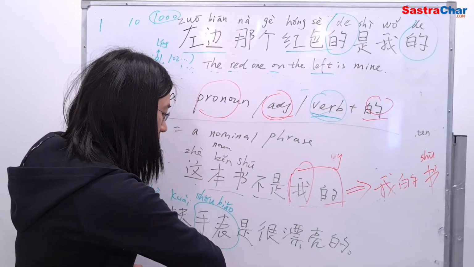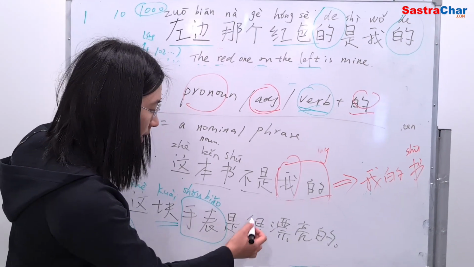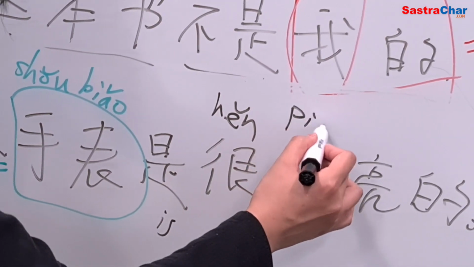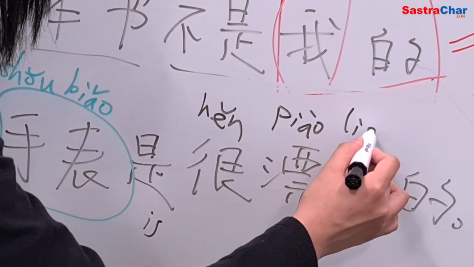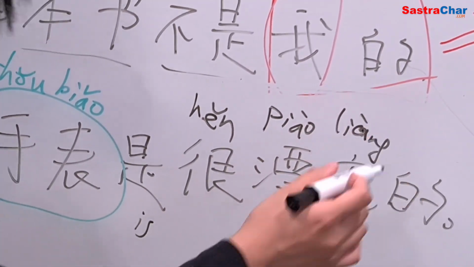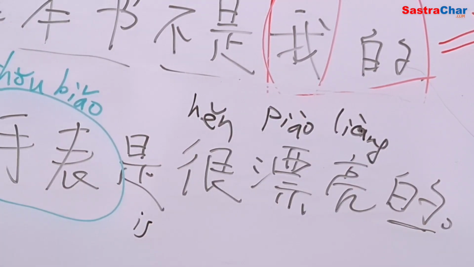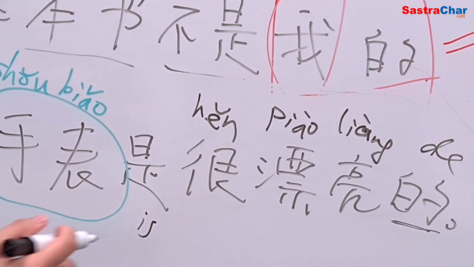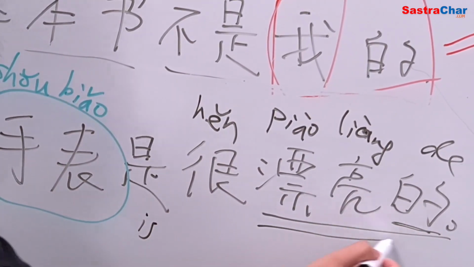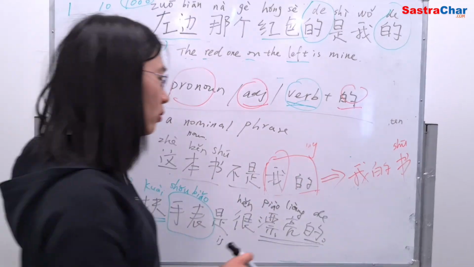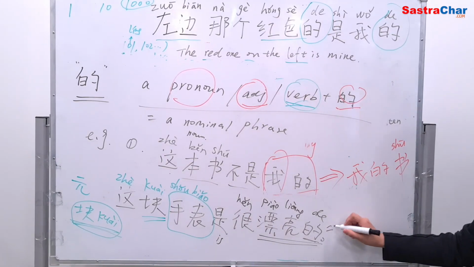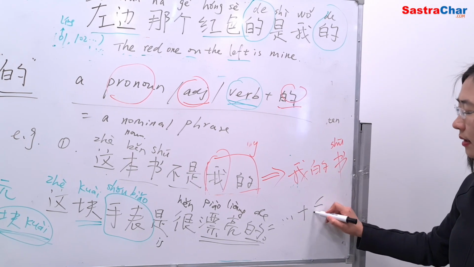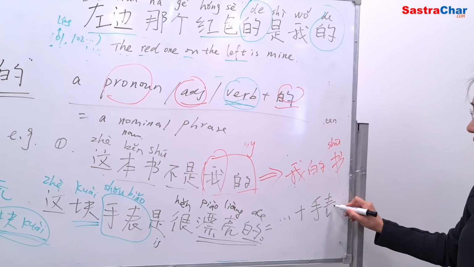Okay, 是 is, 很 is very, 漂亮 is beautiful, and we have a 的 here. We have a 的 here. So 漂亮的. If we make it complete, then it should be what? Yeah, it should be 漂亮的 plus 手表, right? 手表.